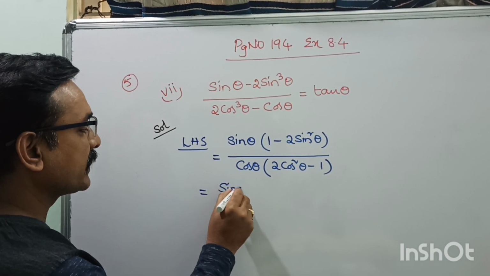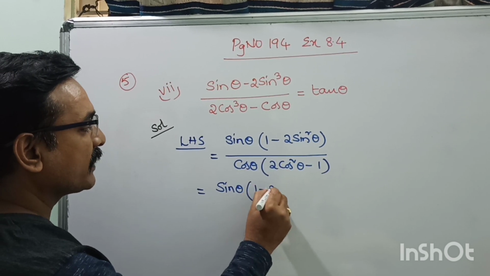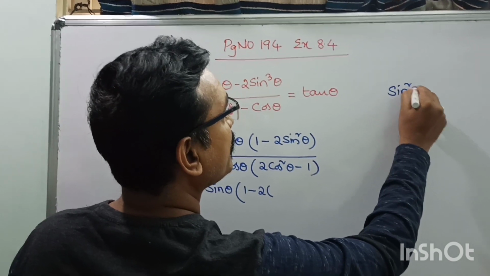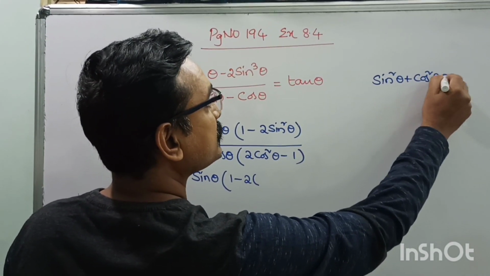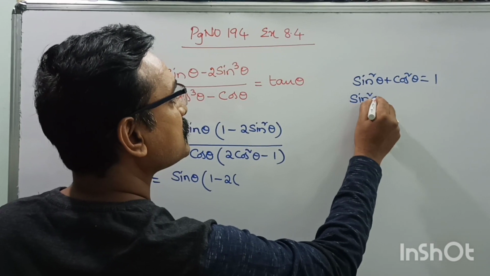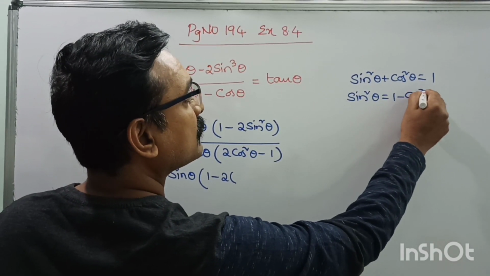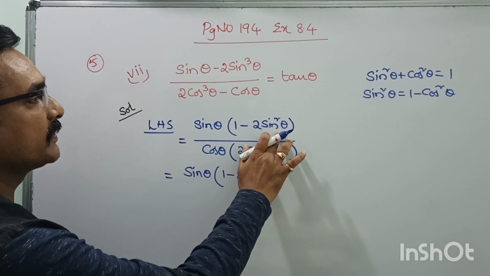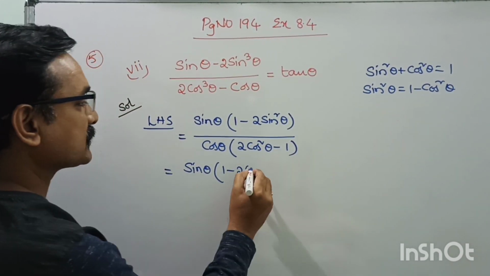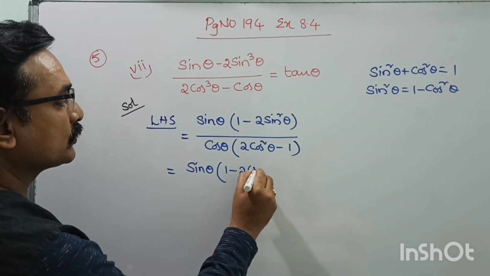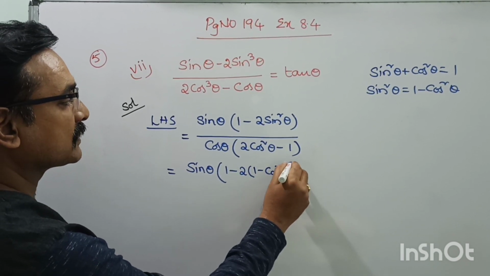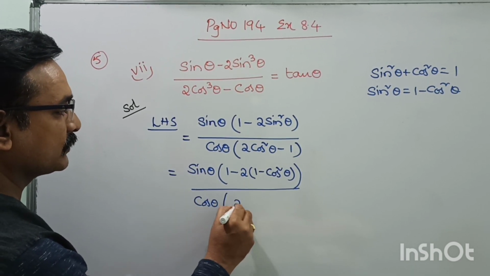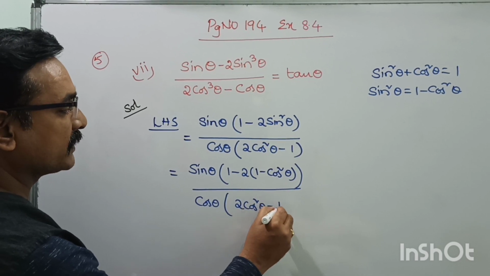So sin theta into 1 minus 2 into sin square theta. We have sin square theta plus cos square theta equals 1, so sin square theta equals 1 minus cos square theta. Instead of sin square theta, replace it with 1 minus cos square theta. So 2 into (1 minus cos square theta) by cos theta into (2 cos square theta minus 1).